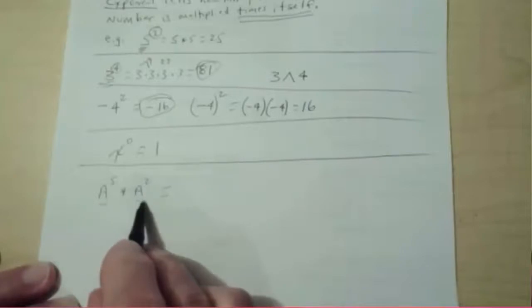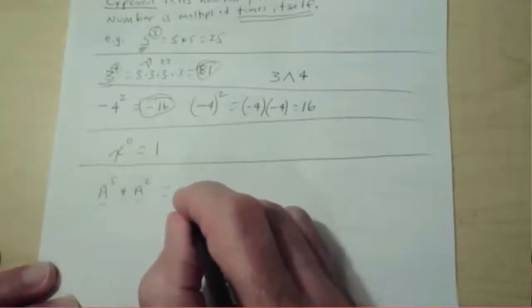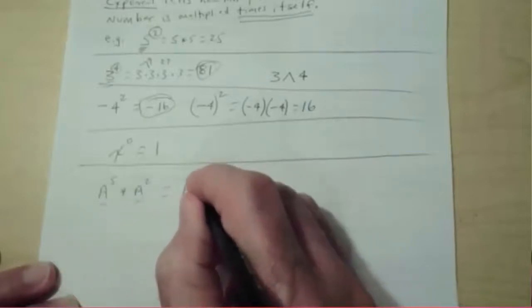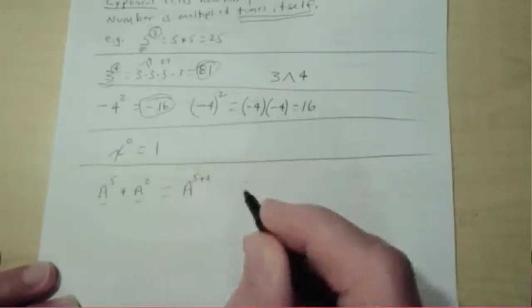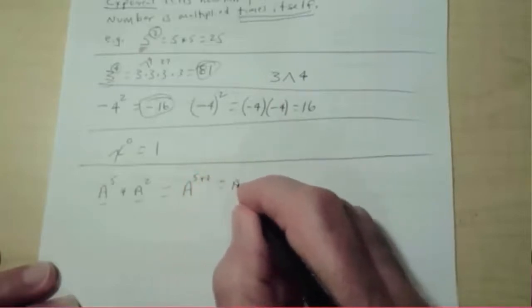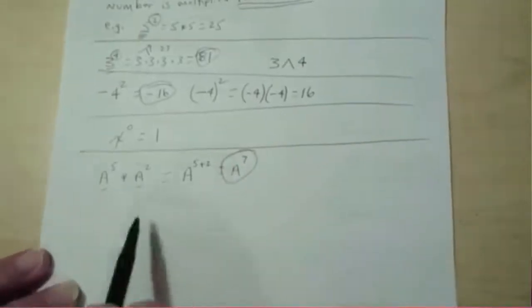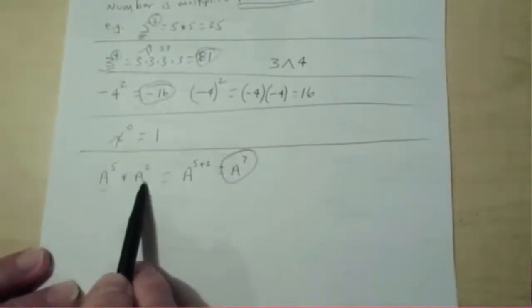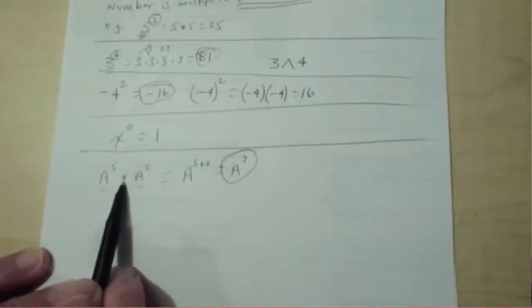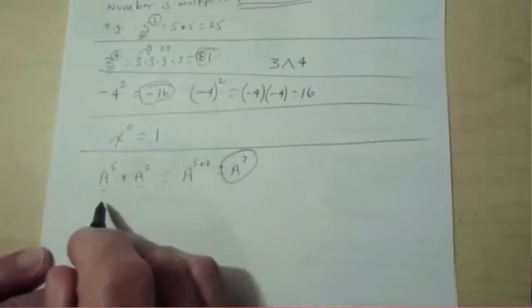So what do we do with the exponents? The base number remains the same. We add the exponents. So this is a to the 7th power. Okay, base numbers have to be the same. And then if we're multiplying, we add the exponents.